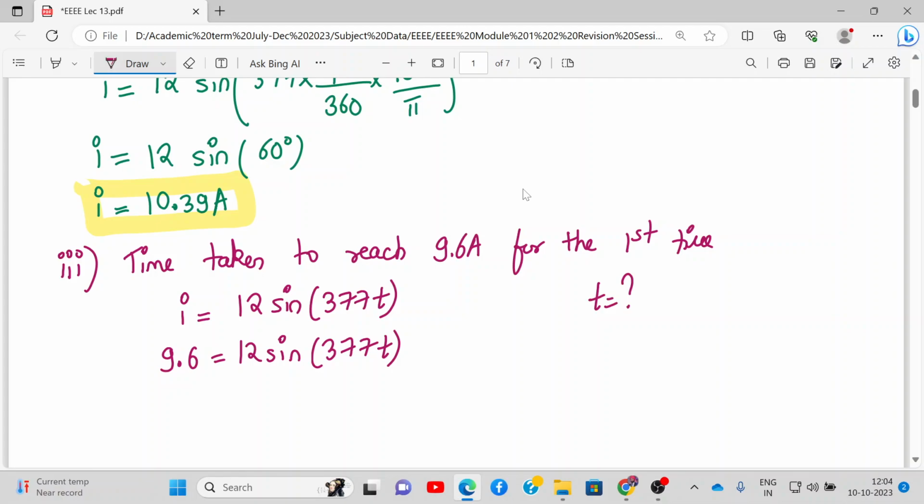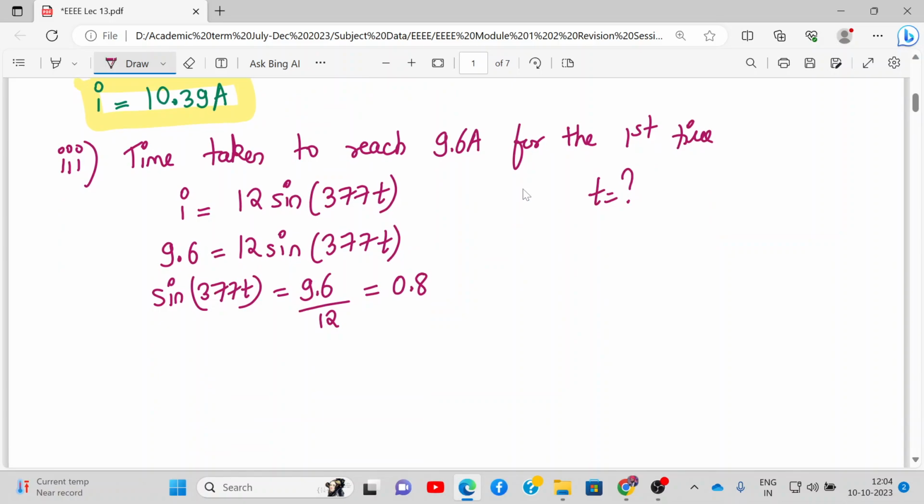All right, so I'll write it as sine 377t equals 9.6 divided by 12. That comes out to be 0.8. All right.